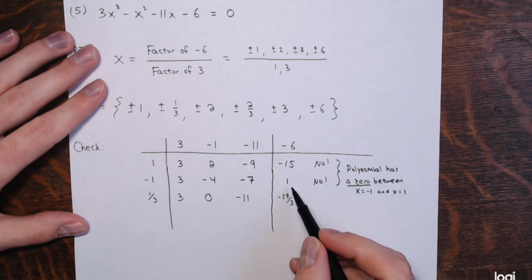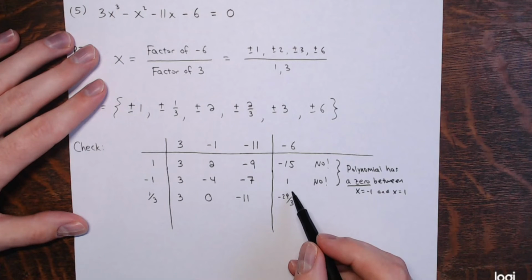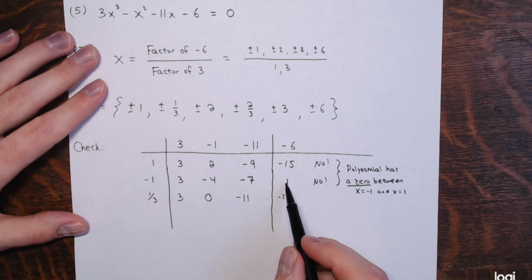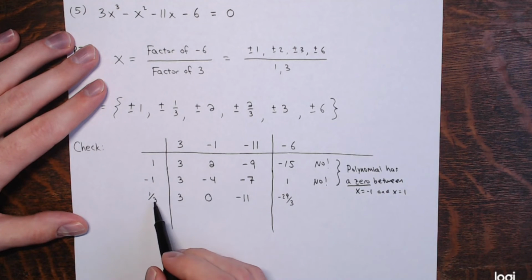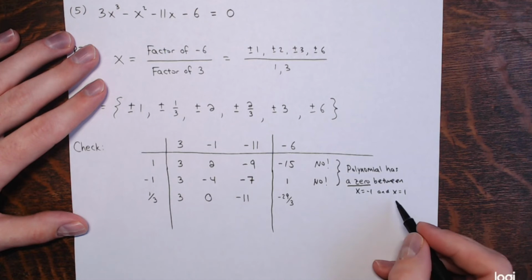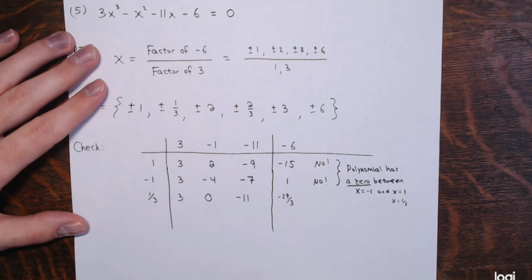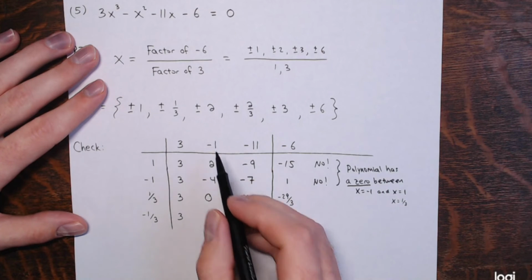And with the same reasoning, I got a positive output at negative 1, a negative output at positive 1/3. So now I know there's a 0 between negative 1 and a third. So I'll plug in, let's see, negative 1/3. That's between those. Drop the 3. Negative 1, minus 1 is negative 2.